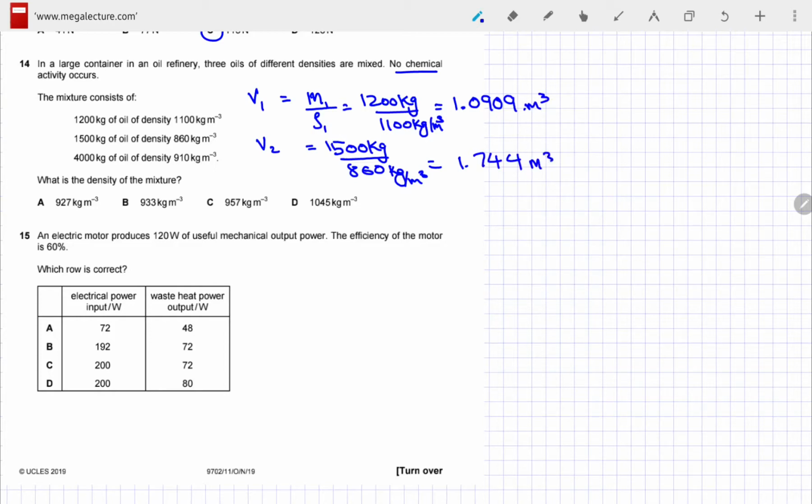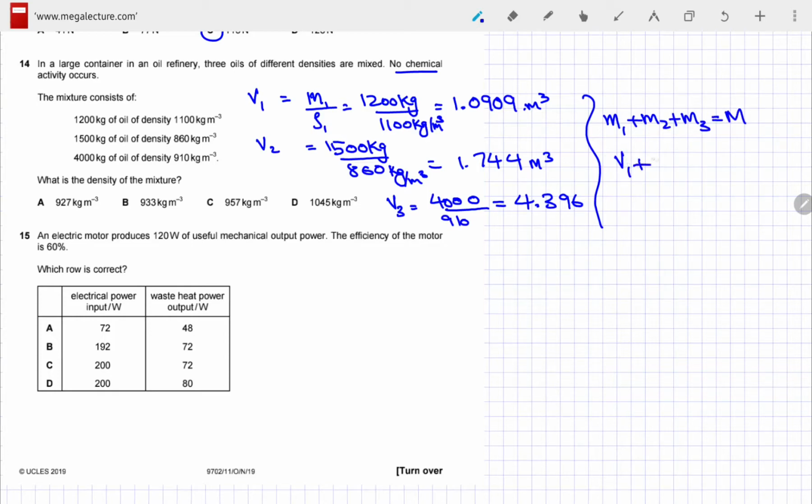And V3 is equal to 4000 divided by 910, which turns out to be 4.396. Now just find the total mass, which is M1 plus M2 plus M3, and the total volume, which is V1 plus V2 plus V3.